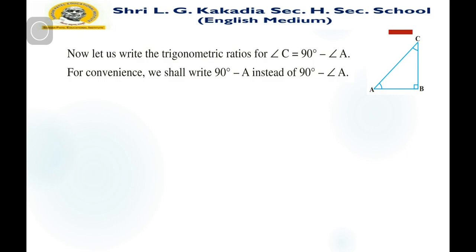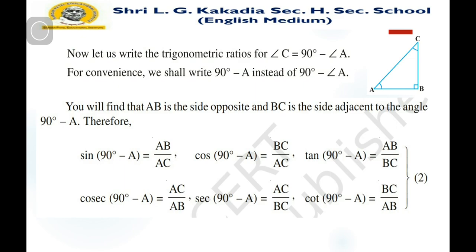You will find that AB is the side opposite and BC is the side adjacent to the angle 90 minus A. Therefore, according to C, BC will be the adjacent side and AB will be the opposite side. So sin 90 minus A is equal to AB over AC.